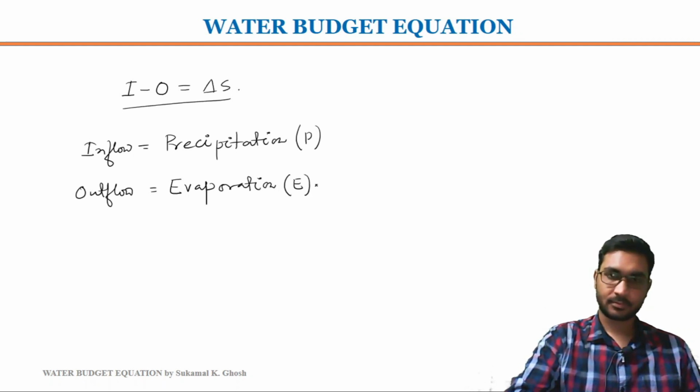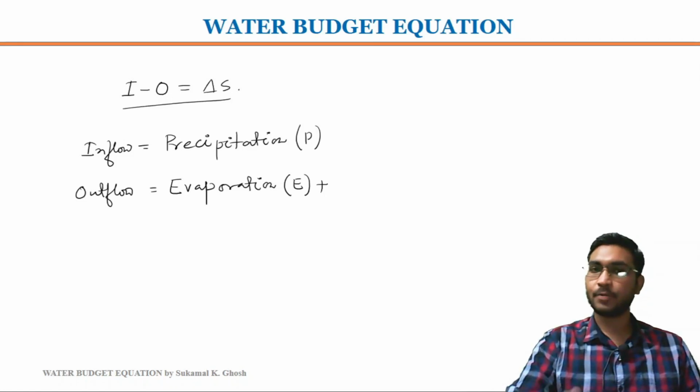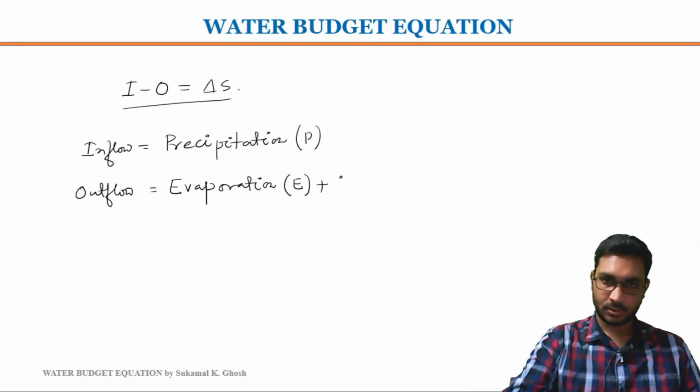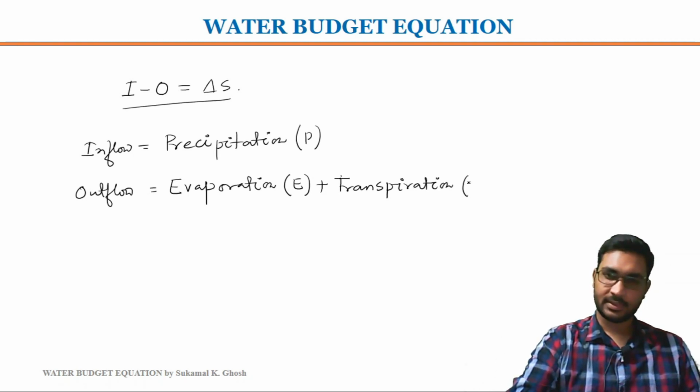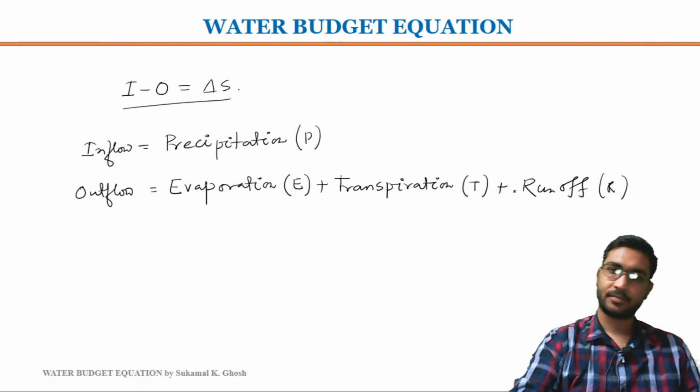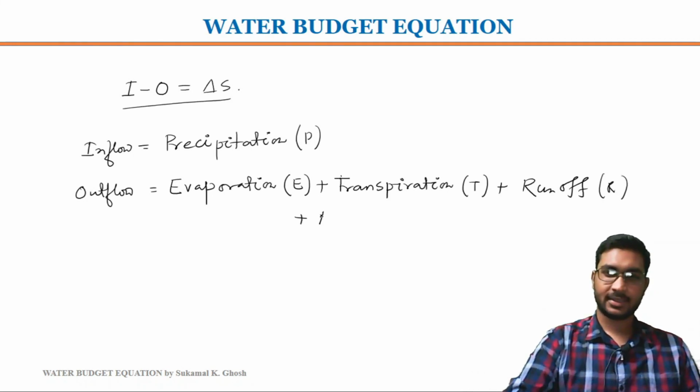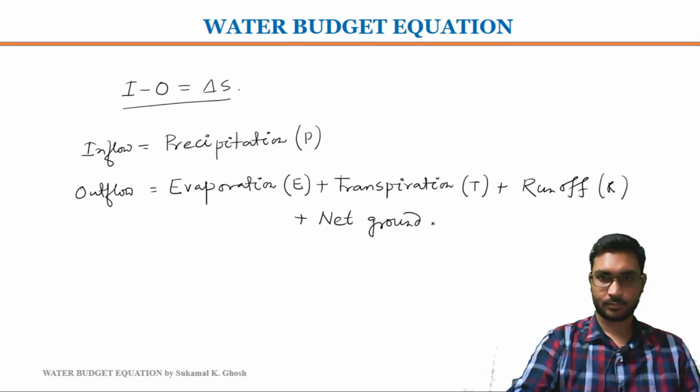Then loss of water due to transpiration, that is T. Then runoff, that is R, and the net groundwater flow.